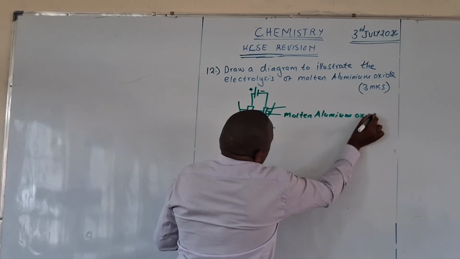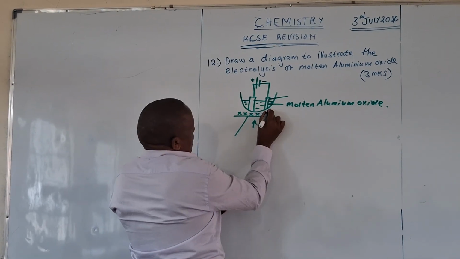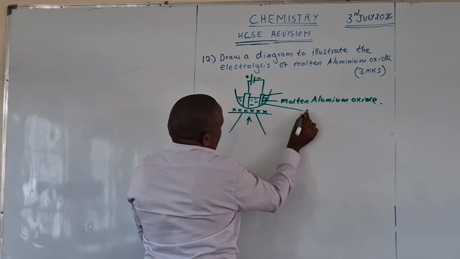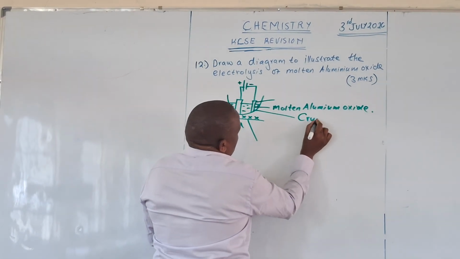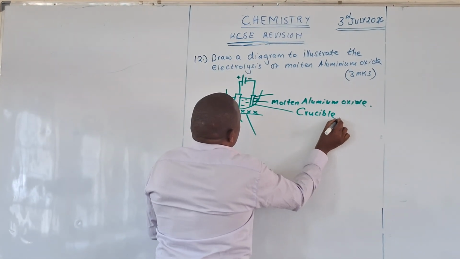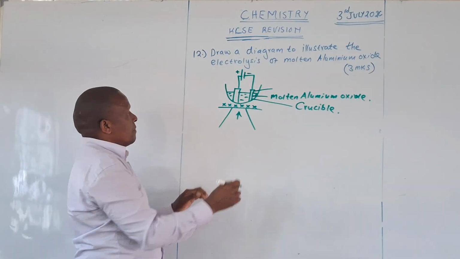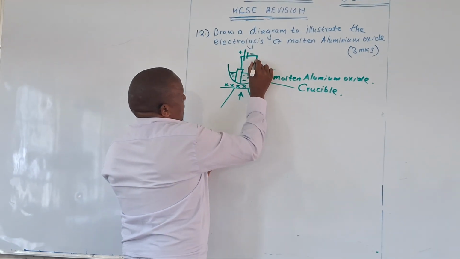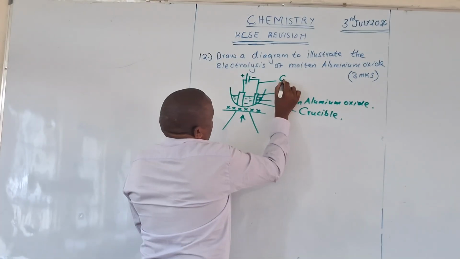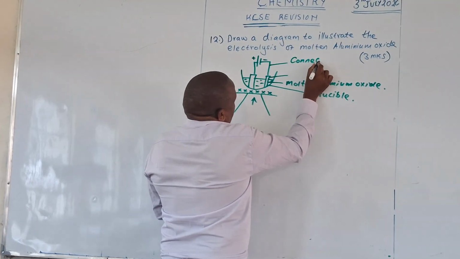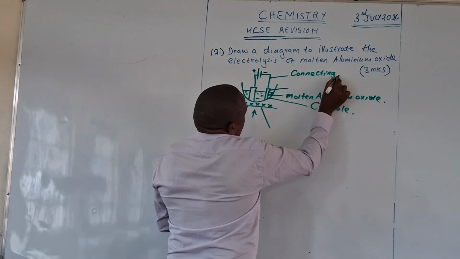Molten aluminium oxide. This apparatus here is the crucible. The wire which is here is the connecting wire.